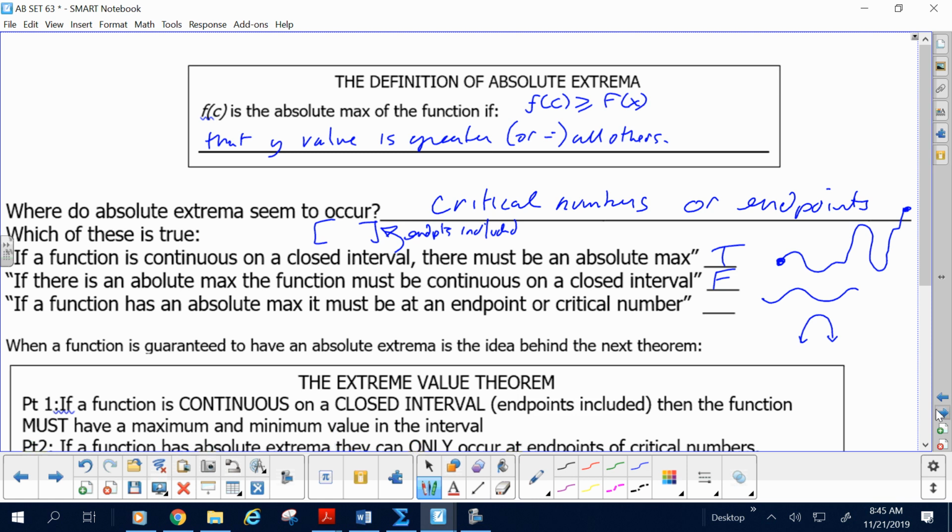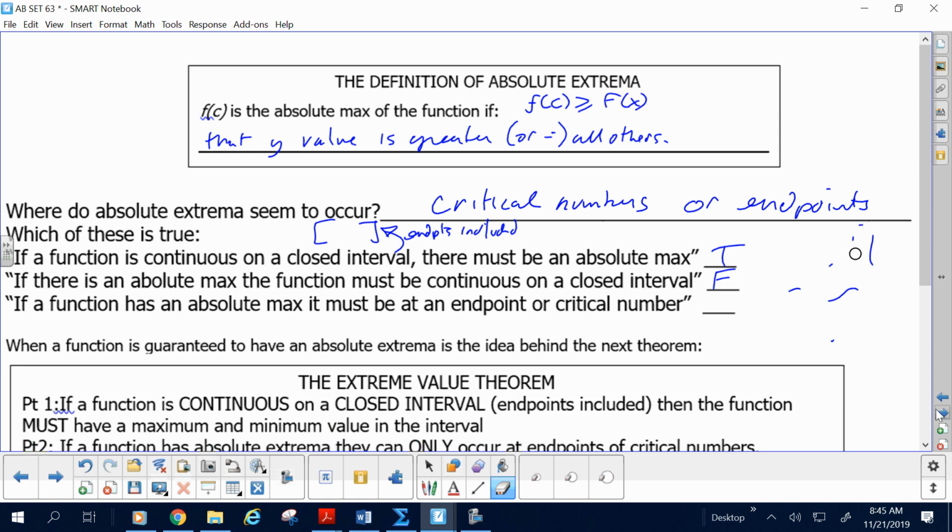All right? If a function has an absolute max, it must be at an endpoint or a critical number. If I told you f has an absolute max of 3, what must be going on there? Would you know for sure it had to be an endpoint or a critical number? Yes. For the first statement. Yep.